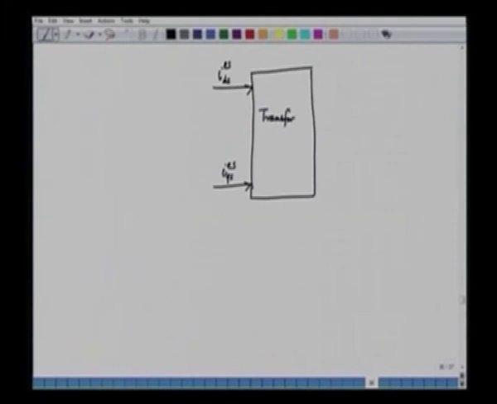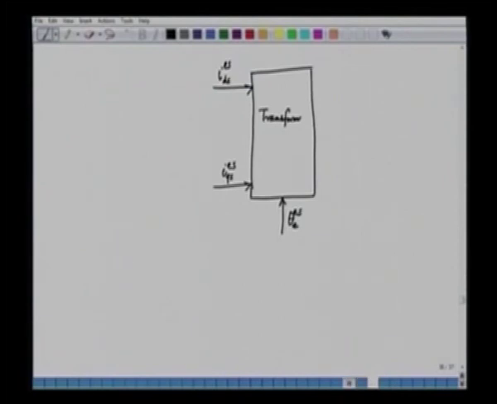What we have to do here is transform the variables from the stator flux reference frame, IDS and IQS, and we have to use the transformation here. This transformation is done using the angle of the stator flux vector, theta E ES.